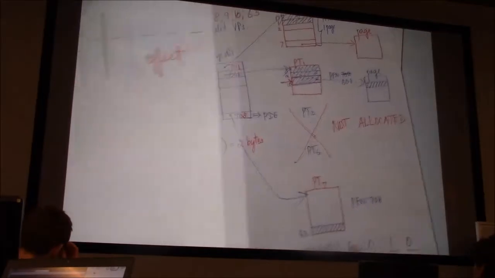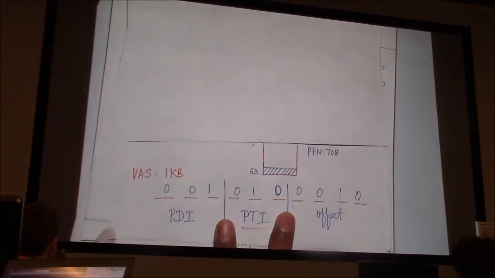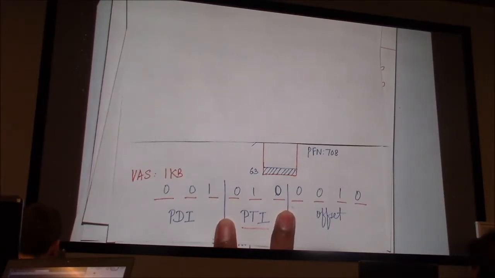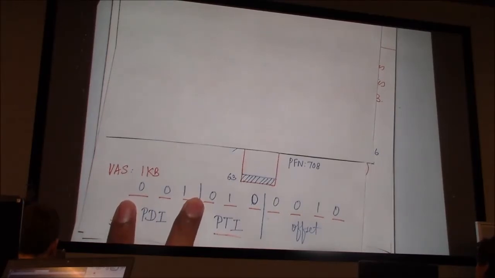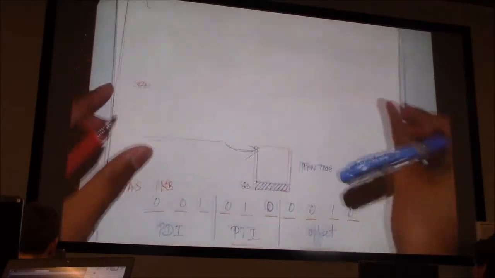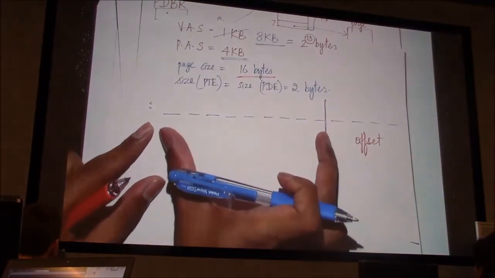What I was trying to show you is that we needed 3 bits because we had 8 page tables. Here also we needed 3 bits because a page directory needs 8 entries to address each and every page table. In this case, when we change this from 1 KB to 8 KB, we have this much.